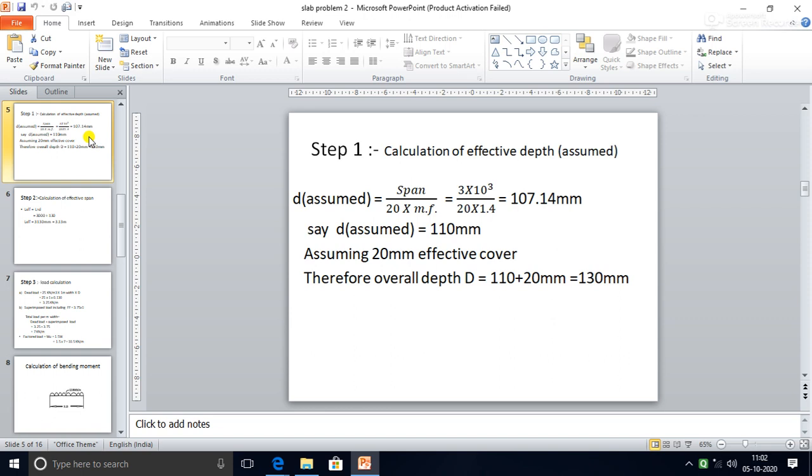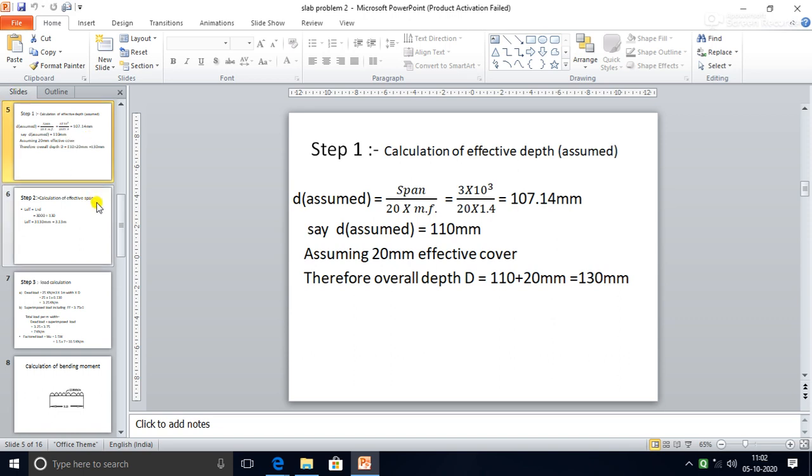Say 110 mm, or you can take 107.14 mm, no problem. Since the cover is given as 20 mm, we don't need to assume it. We will take 20 mm as effective cover. Therefore, overall depth D is equal to 110 plus 20, that is effective depth plus effective cover, so overall depth is equal to 130 mm.